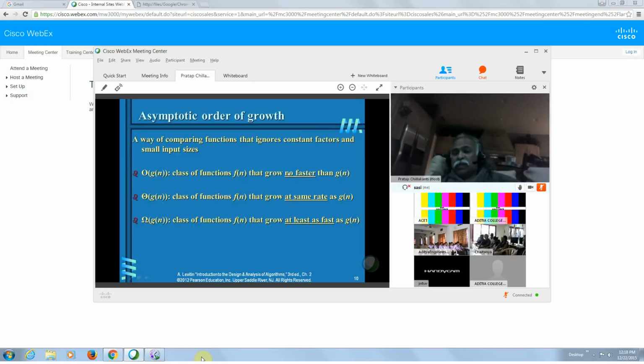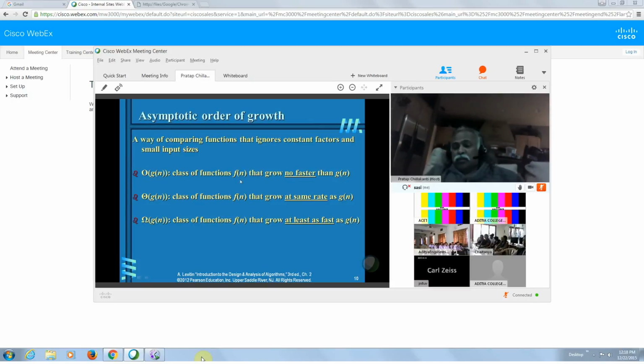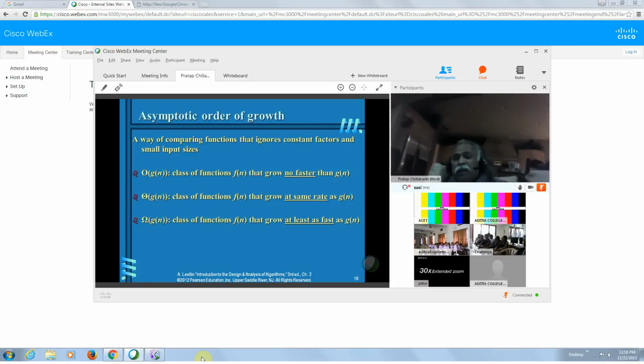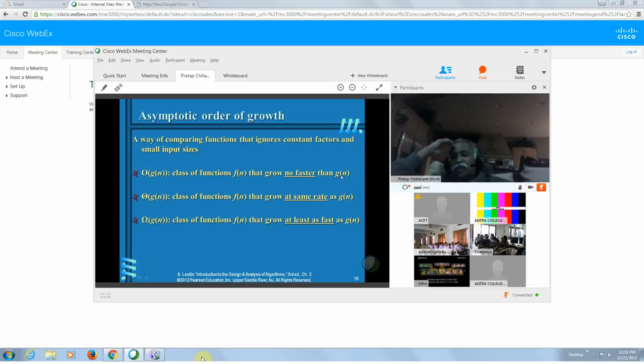So you can see here the dependency is on whether the function grows at the same rate as input size. Let's say the function takes 10 seconds for an input of 10 numbers. Now if my input goes from 10 to 20, that is g of n, right? Would the function now take 20 seconds? Then it is growing at the rate of the input, at the same rate. That is the second sentence there.